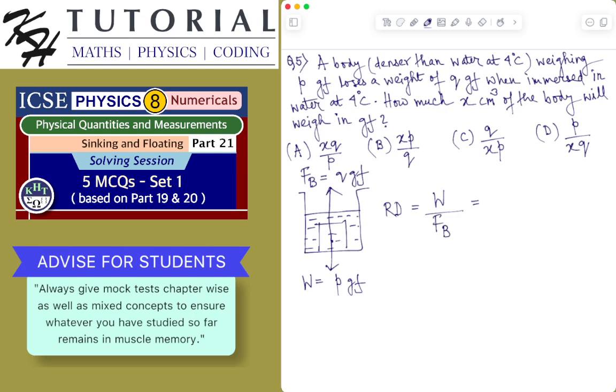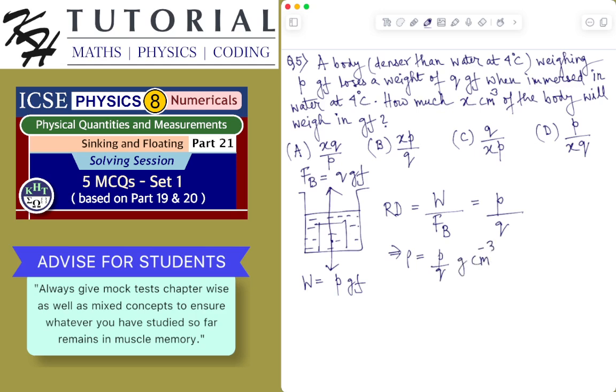which is equal to the weight of the body, given as P, and the buoyant force, which is the loss in weight of the body in water at 4 degrees centigrade, is given to be Q. This is the relative density, P by Q. Now this implies that the density of the body is nothing but P by Q, this much gram per centimeter cube.